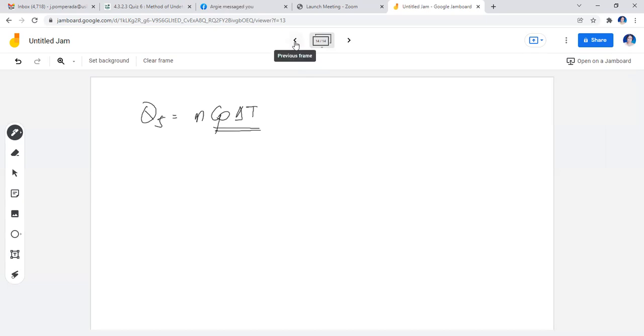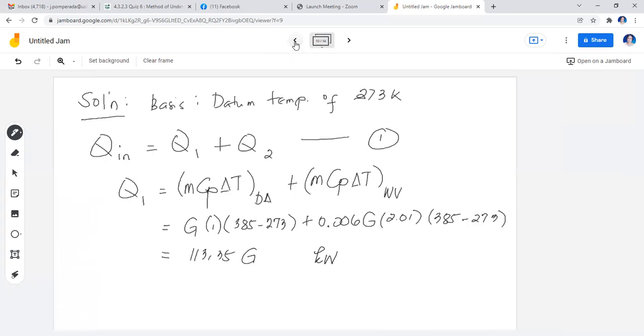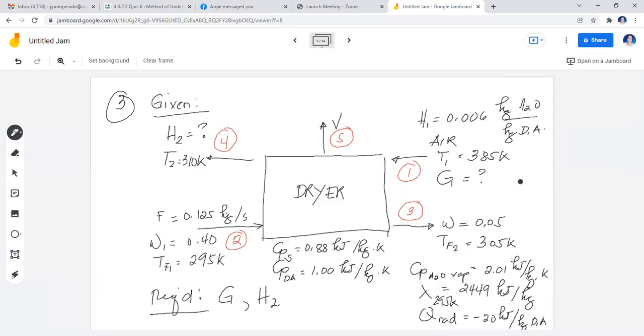Based on what we have discussed, how will you find the amount of water evaporated? Material balance, a simple material balance here. So you will have a guide. How will you determine the amount of water evaporated? Anyone? Water evaporated. Just look at our illustration.